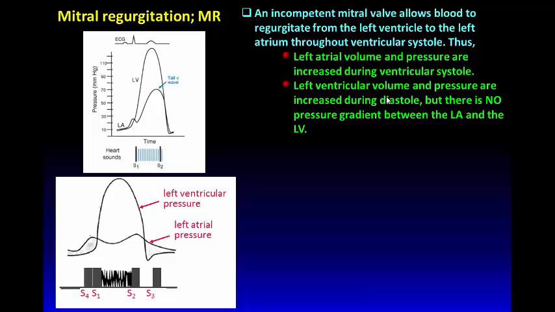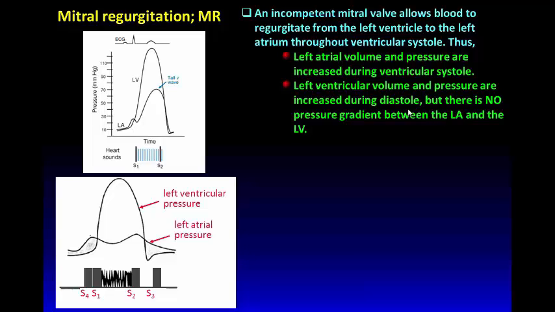On the other hand, left ventricular volume and pressures are increased during diastole. How does this happen? Because during diastole of the left atrium, and also during the diastole of the right atrium, but let's focus on the left atrium, blood continues to flow from the pulmonary circulation and accumulates in the left atrium.